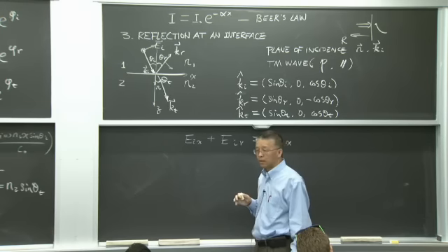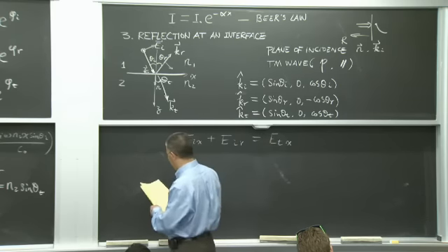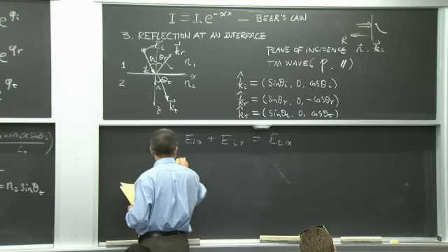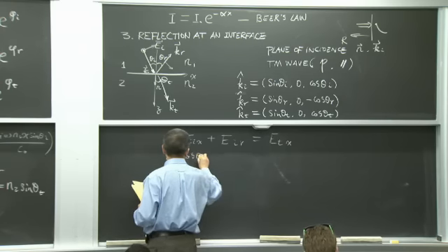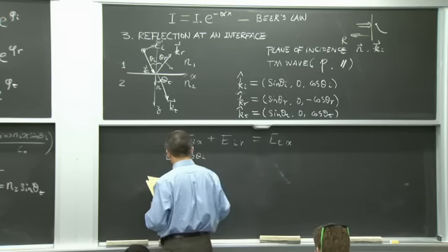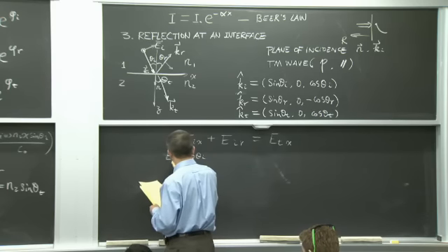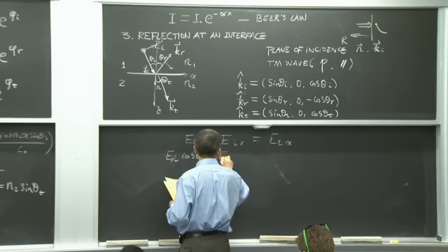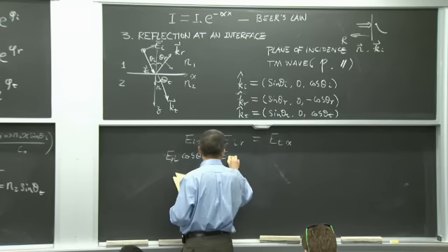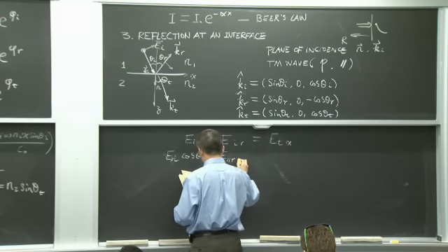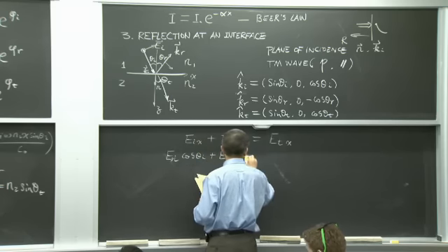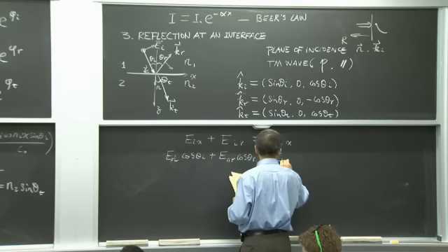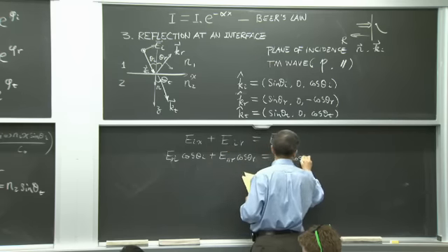And of course, the E_IX is the E_I cosine theta I, and this is a parallel component. We're talking about the TM wave, plus E parallel reflected cosine theta R equals E transmitted cosine theta T.